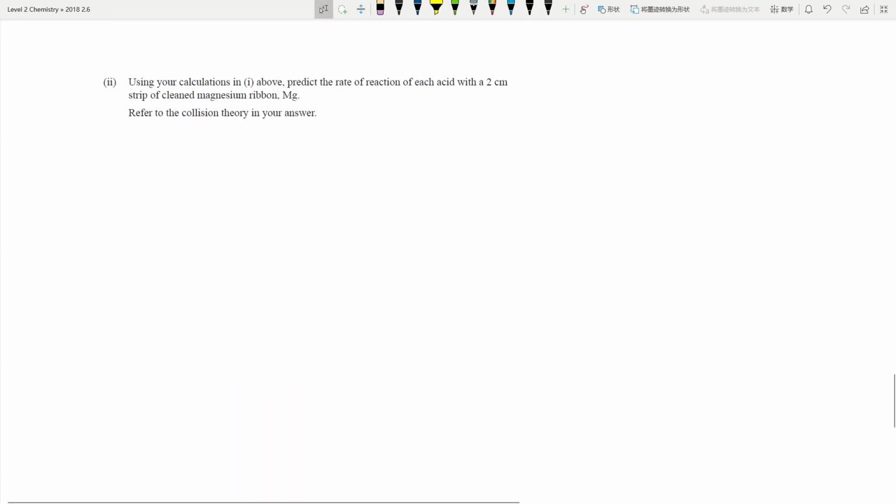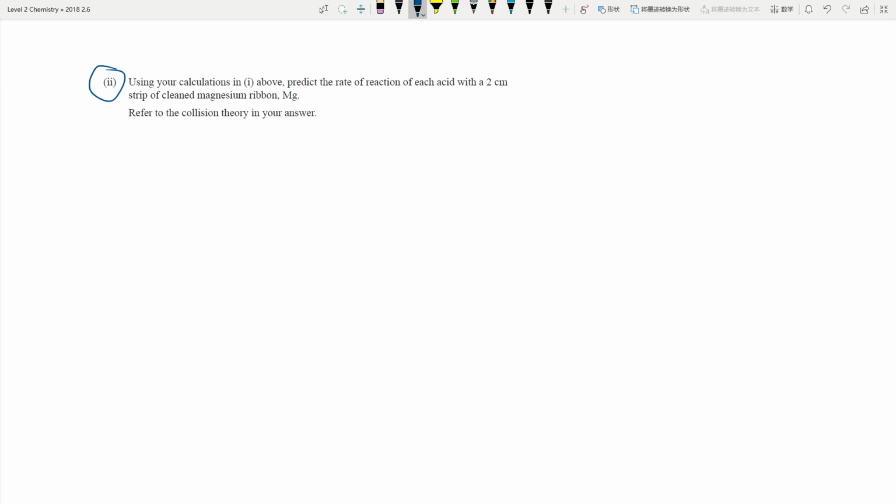Okay, so using the reaction, using the calculation that we've done, and refer to the collision theory. So this is what this topic is actually all about. The chemical reactivity paper is supposed to teach you rates of reaction, so you understand that, and you have to use rates of reaction to understand equilibrium. And once you understand equilibrium, then you can understand partial dissociation, which then brings back to the ultimate question: why do strong acids react better than weak acids?